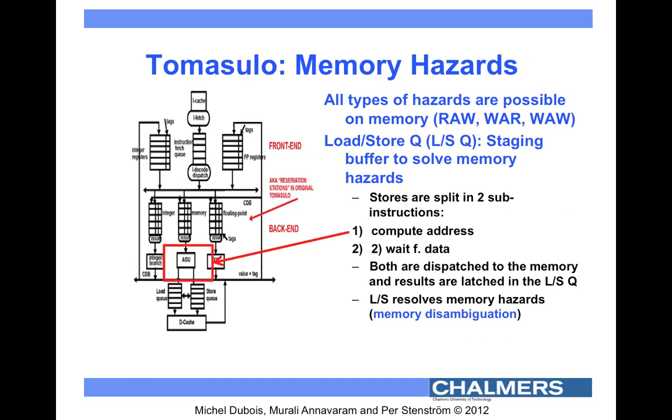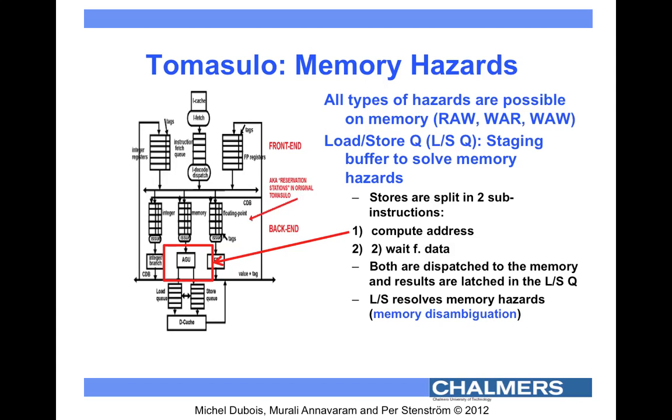Now, moving to memory operations, there is also the possibility for data hazards, of course. So we could have a store followed by a load to the same address. The way to deal with this is, first of all, we have an address generation unit that computes the address.